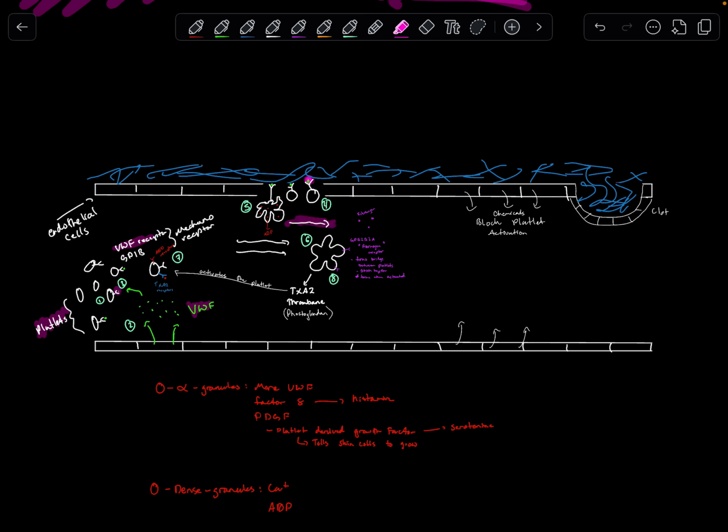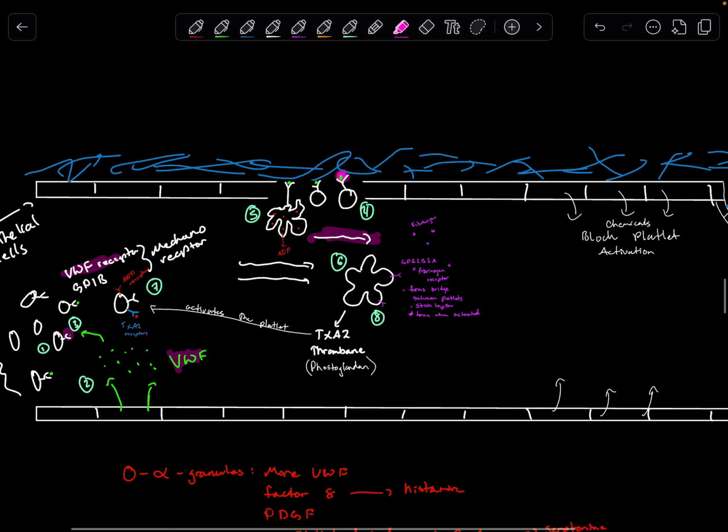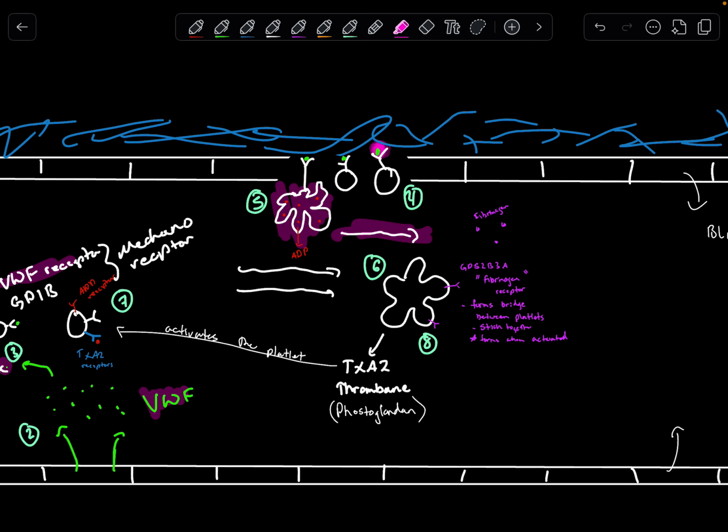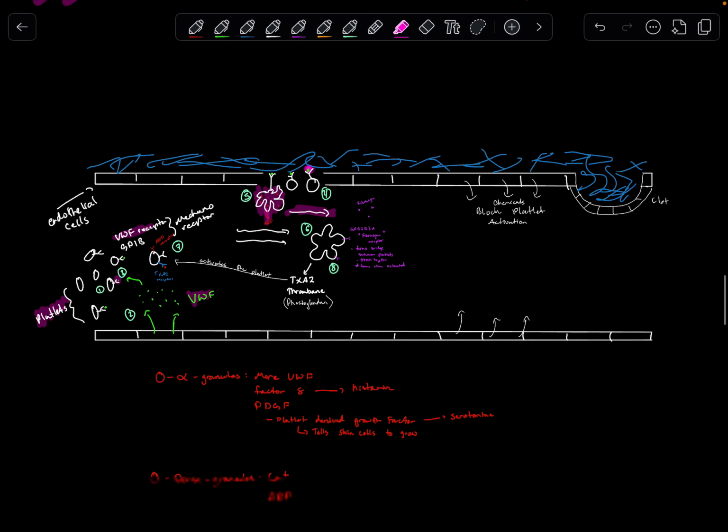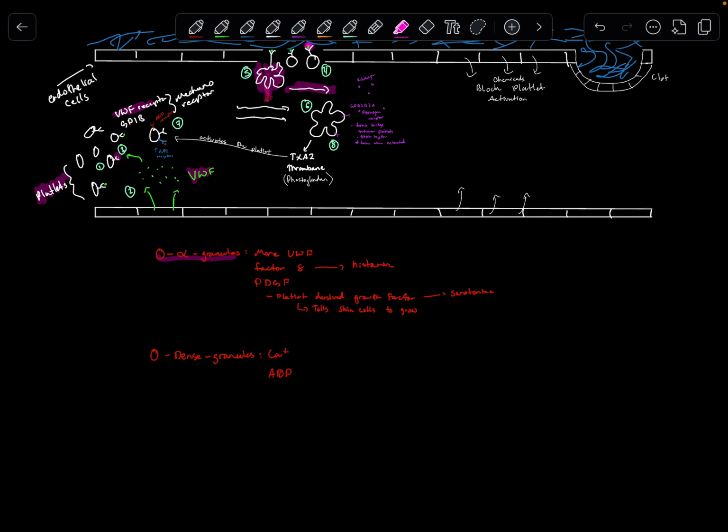And then as blood is moving, it activates this platelet through a mechanical process. So this is the activated platelet, and once activated, they'll release a variety of different things based on the granules.